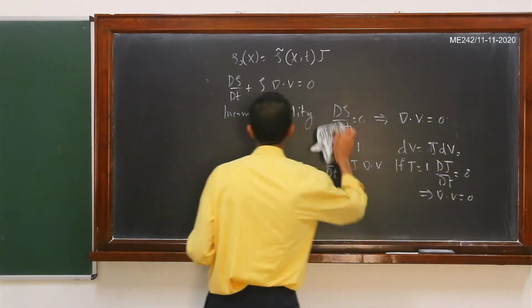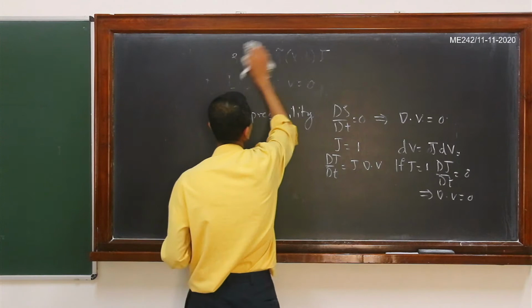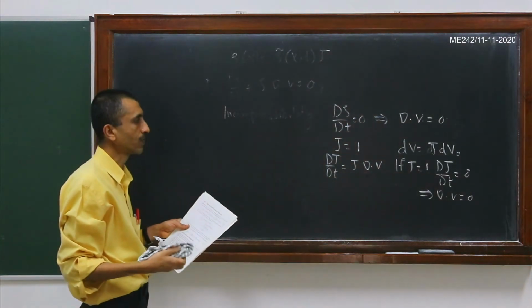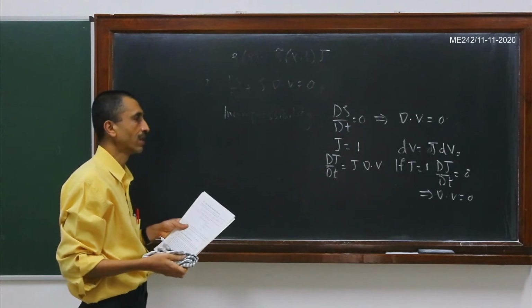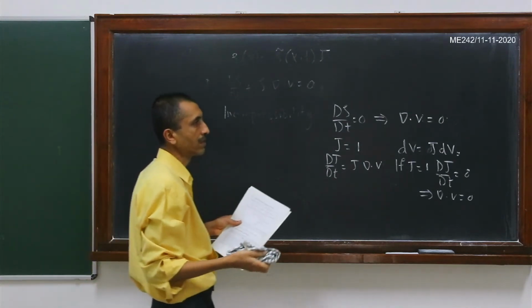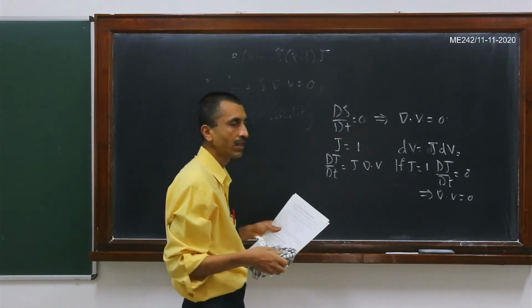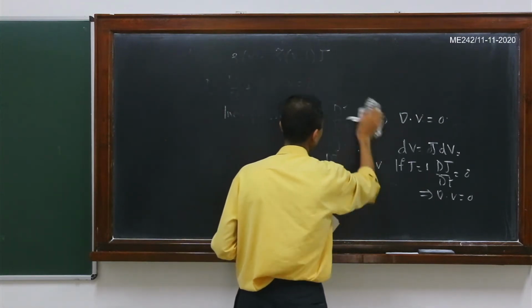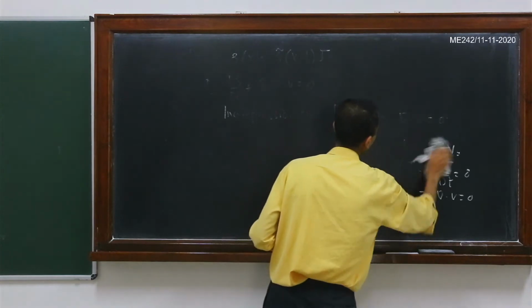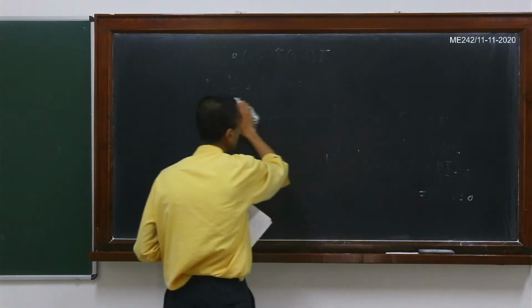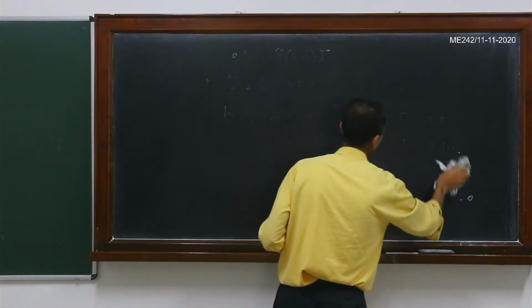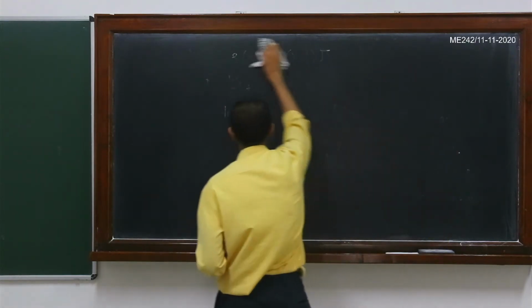If you recall, we already have derived one transport theorem. The reason that I did not derive the second transport theorem immediately after the first is that the second transport theorem actually depends on the balance of mass equation. So the sequence is that first we derive the first transport theorem, then the balance of mass, and then this one is the second transport theorem.